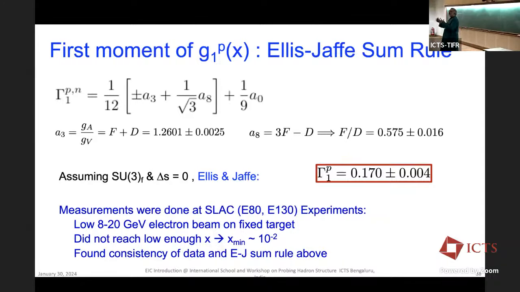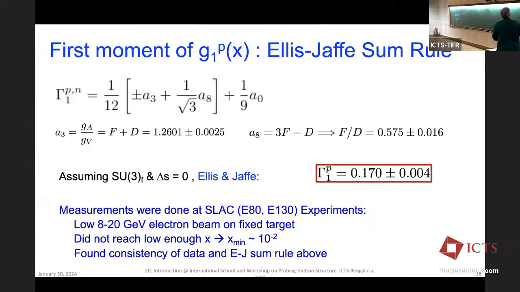Now, if you give such a challenge to experimentalists, they say, okay, cleanly measure the structure function of the proton, take its integral over all values of x, and Ellis and Jaffe, theorists, were telling me, this is what you should see. The clean challenge to the theory, either it is yes or no. Yeah?